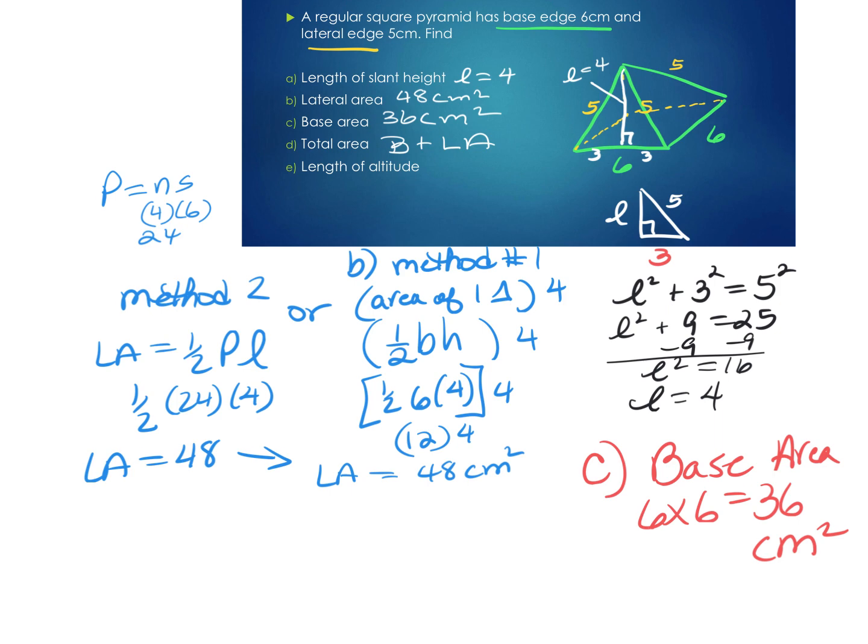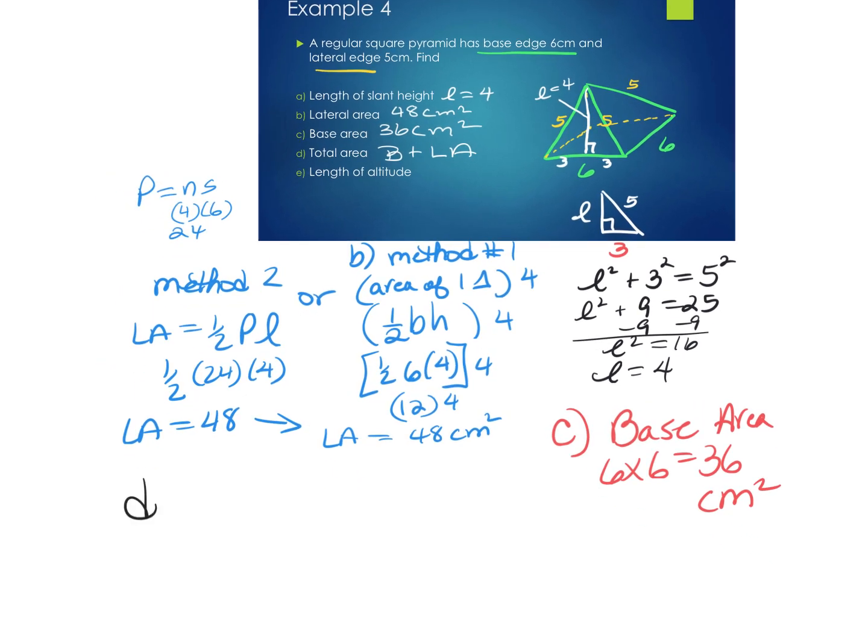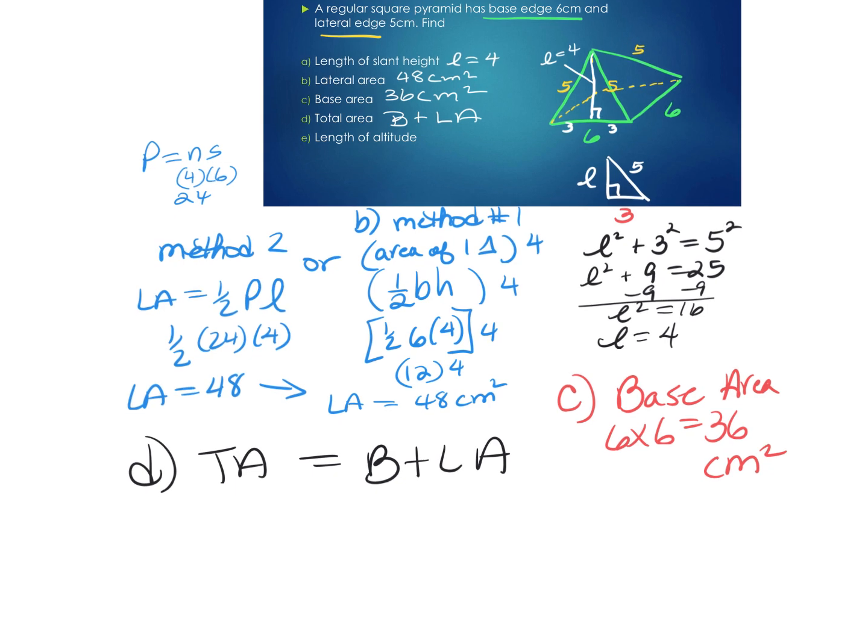So for part D, total area, area of the base plus lateral area. Well, I did the base right above. It was the answer to part C. It was 36. And lateral area was part B. That was 48. So total area is going to be 84 centimeters squared.